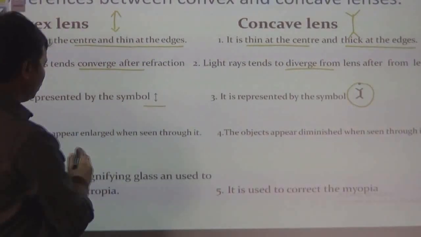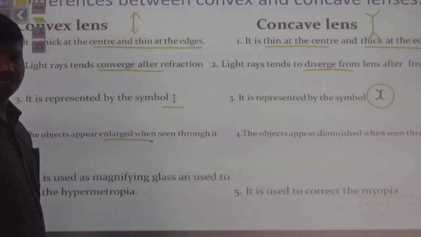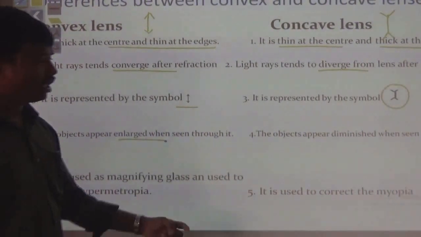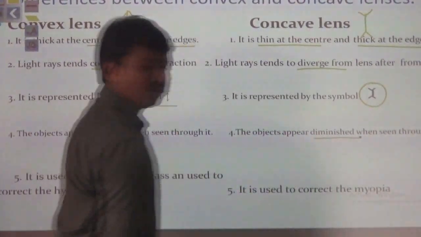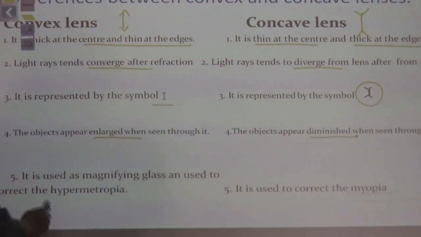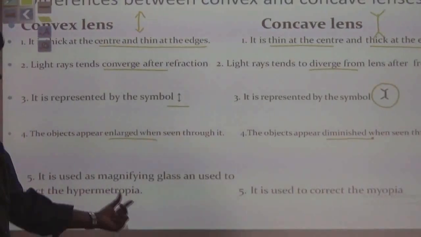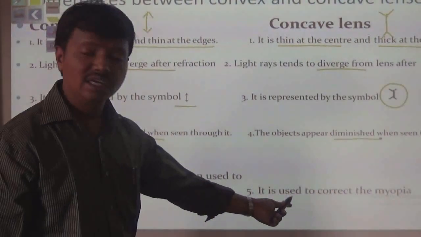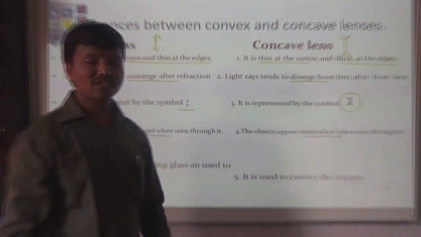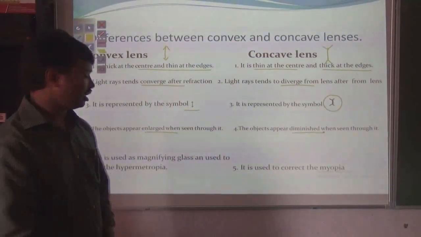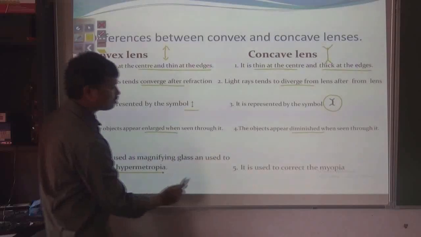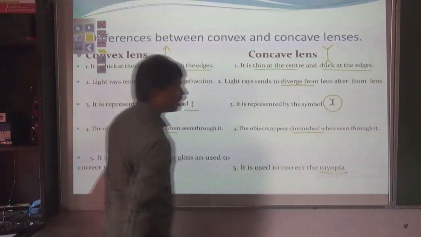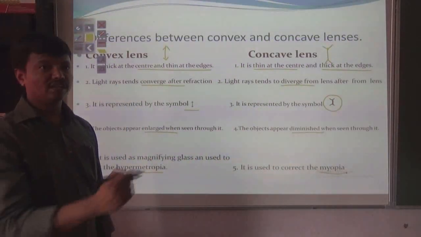The objects seen through a convex lens are enlarged, while through a concave lens they are diminished. The convex lens is used for correction of hypermetropia, while the concave lens is used for correction of myopia. This is important. So these are the main points to underline.